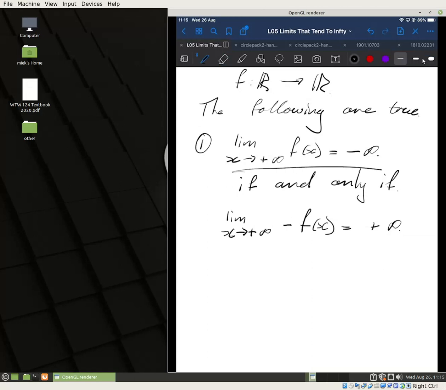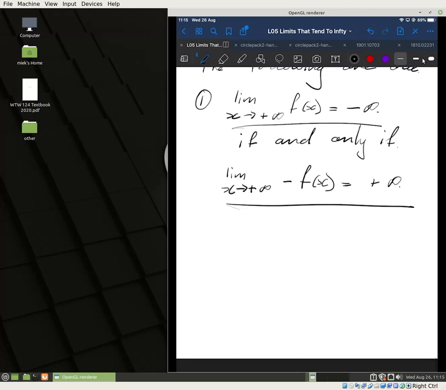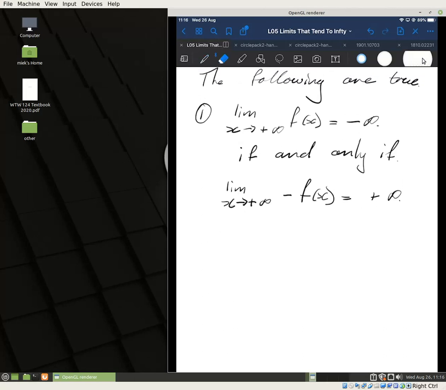So this statement is equivalent to this statement, and you can think intuitively why that is true.